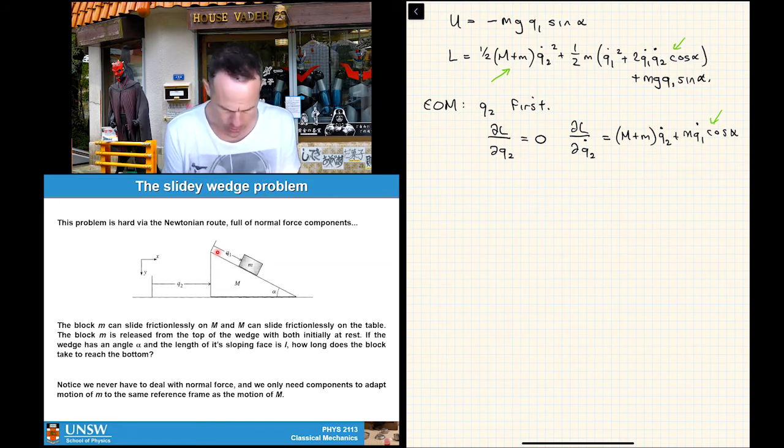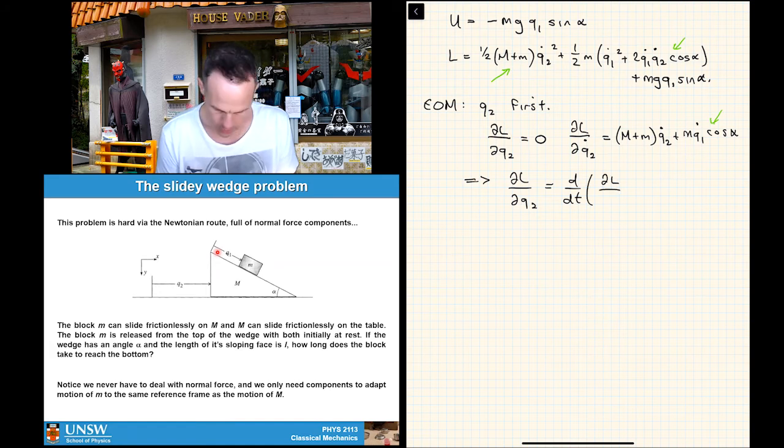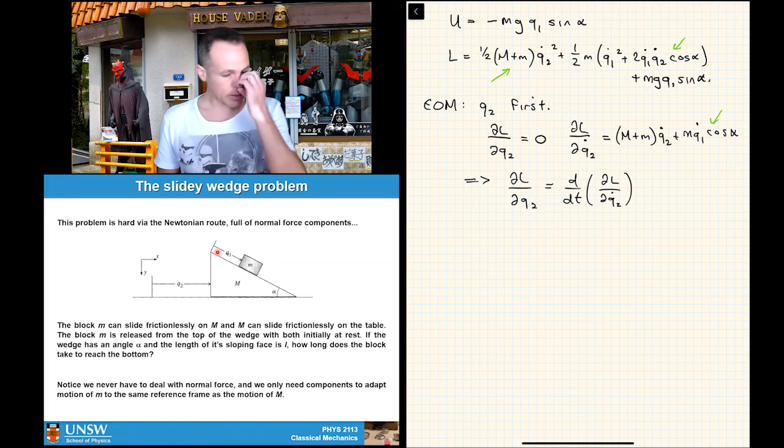Okay, so what I'm going to have here is dL/dq2. Sorry, 2's in the wrong place. dL/dq2 is d/dt of dL/dq2 dot. And I can spot something straight up here.